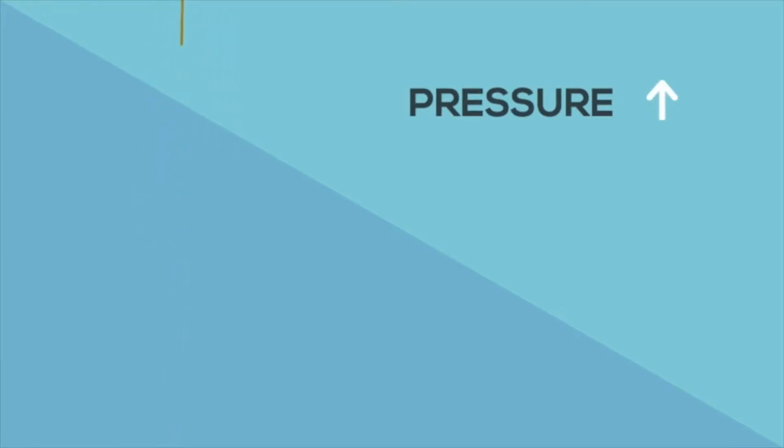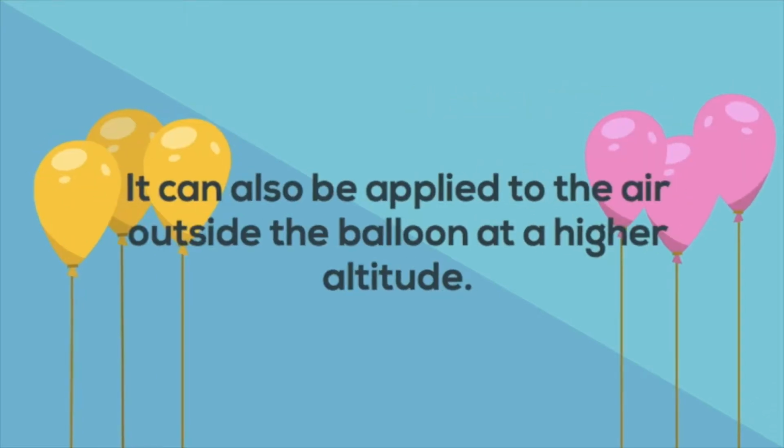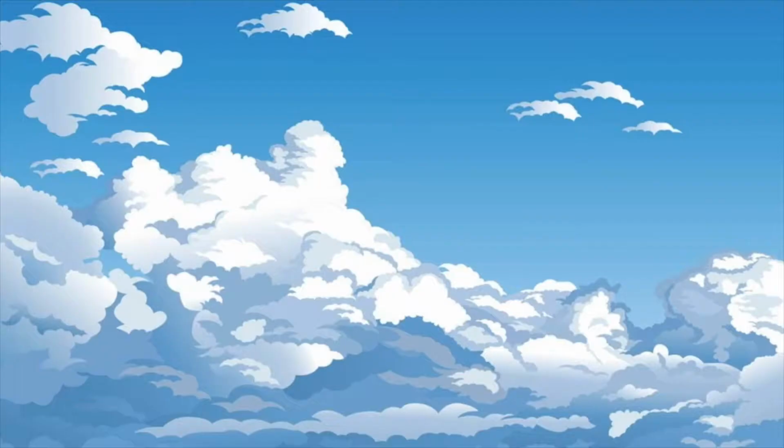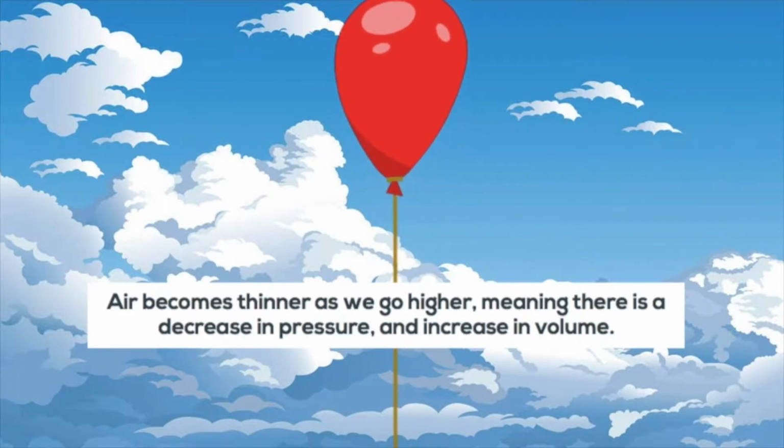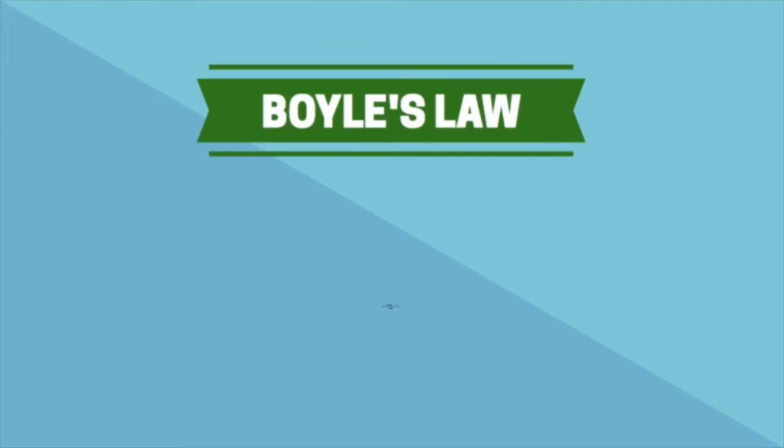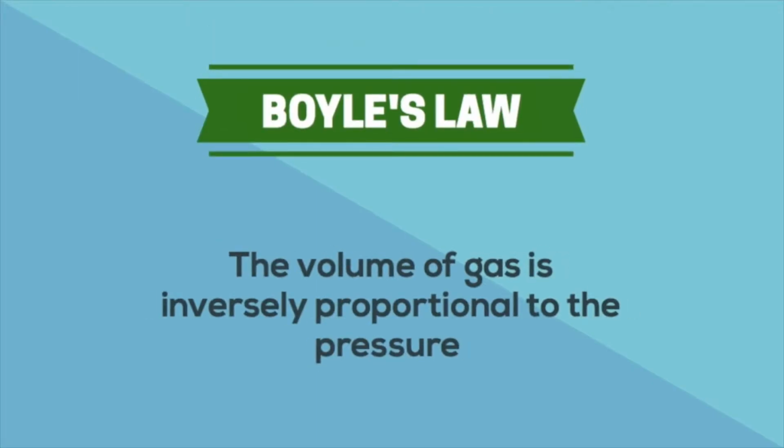As we go higher, the pressure inside the balloon increases and the volume decreases. It can also be applied to the air outside the balloon at a higher altitude. Air becomes thinner as we go higher, meaning there is a decrease in pressure and increase in volume. This law basically explains the inverse relationship of pressure and volume.